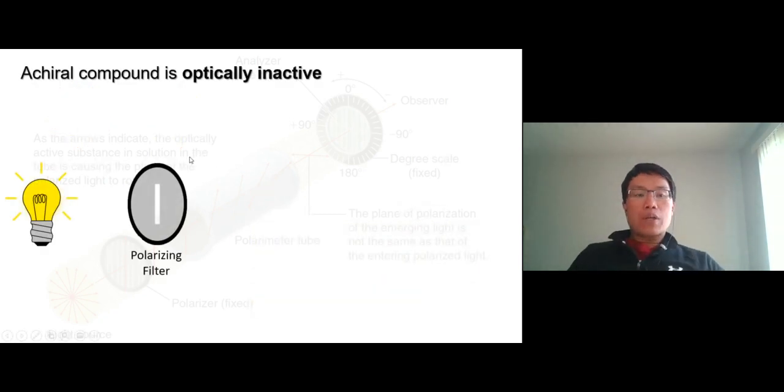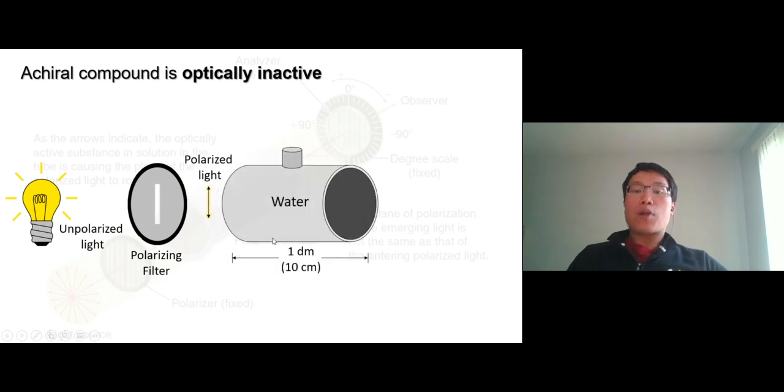From the light source, any light source, we have an unpolarized light passing through a filter with the slit pointing up, so only one plane of the polarized light passes through. Then we put in a solution of a compound. For example, in this case, I use water.